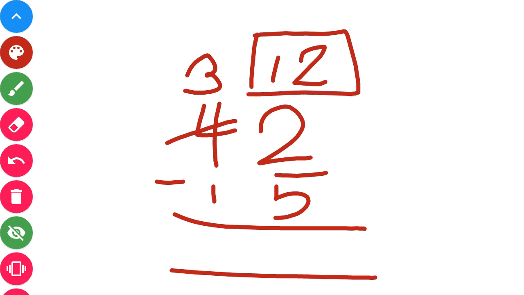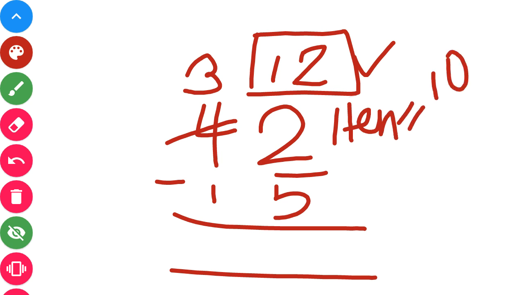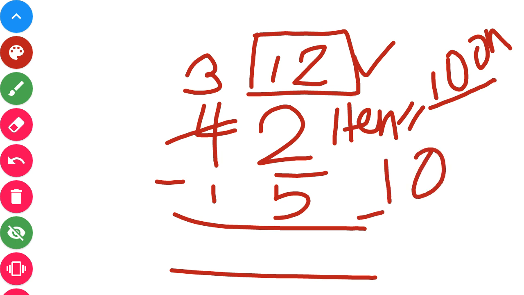Now you all must be thinking how it became 12. Because 4 has given 1 ten and we know that 1 ten is equal to 10 ones. So 10 plus this 2 is 12. So our poor 2 is now 12.